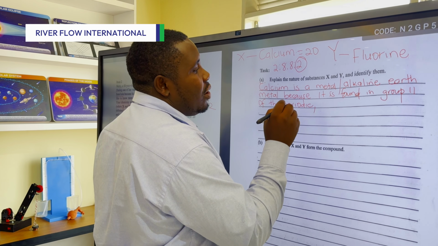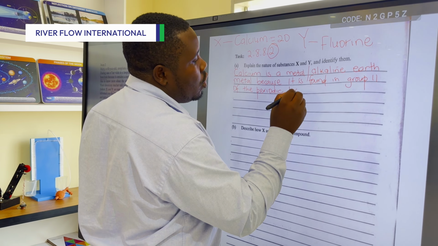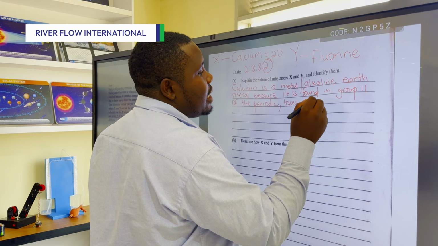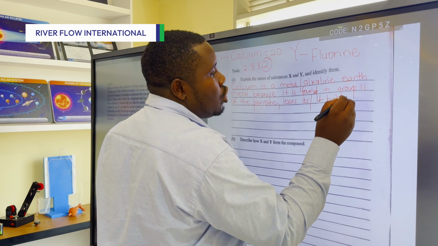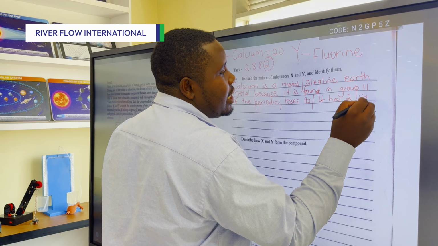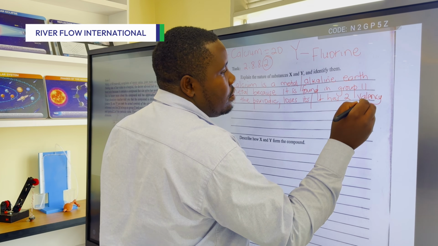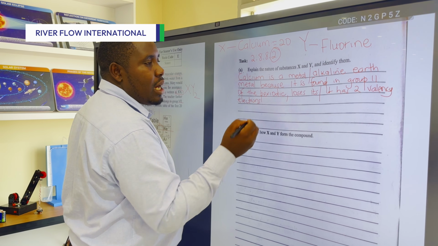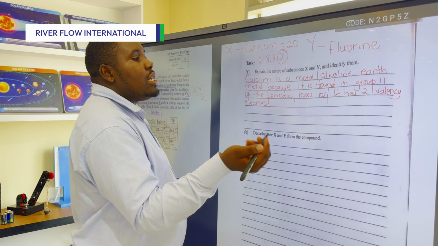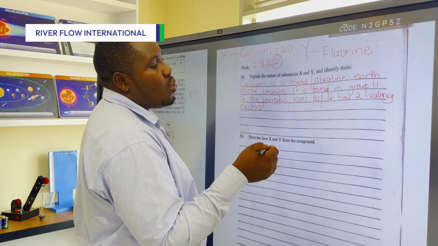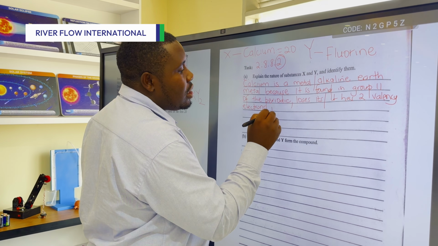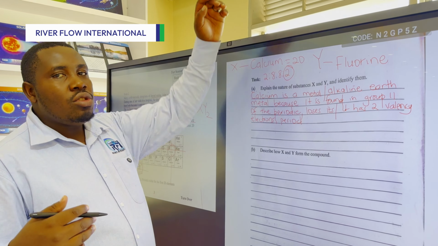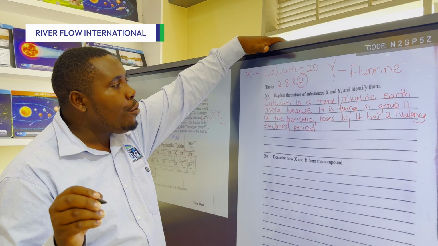So number 2, I will say because it has 2 valence electrons. That one makes it a metal. It's electropositive. It releases, so that one makes it a metal. I can go ahead and talk about the period where it is located. All this I'm trying to describe the nature of calcium.